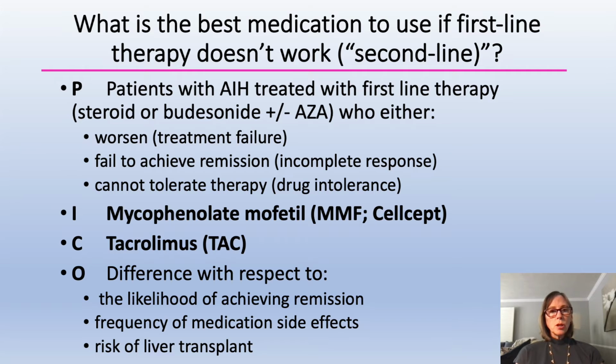So in those patient groups, our intervention was mycophenolate mofetil, abbreviated MMF, also known as Cellcept, and our comparator was tacrolimus, abbreviated TAC. The outcomes that we looked at were differences between the 2 medications with respect to achieving remission, frequency of medication side effects, and the risk of needing a subsequent liver transplant.